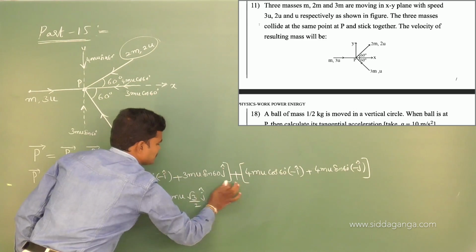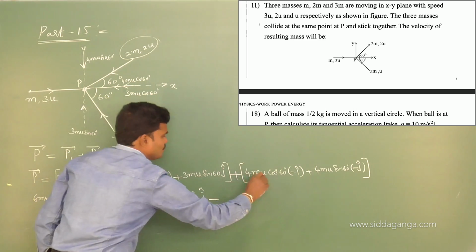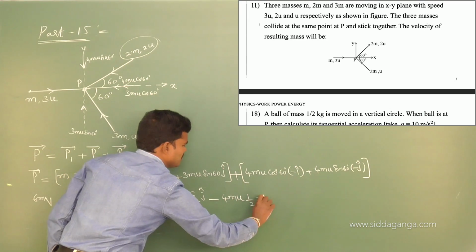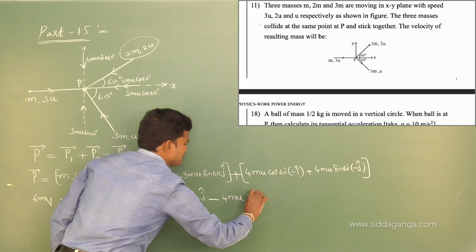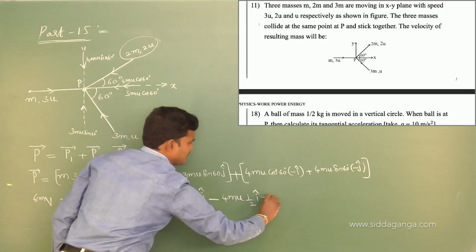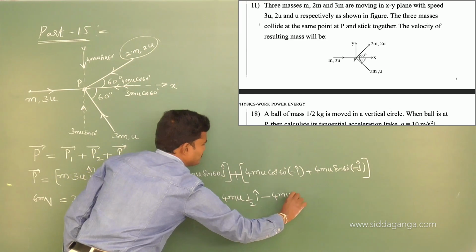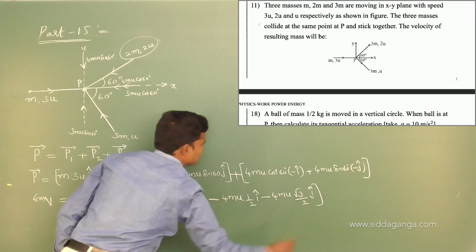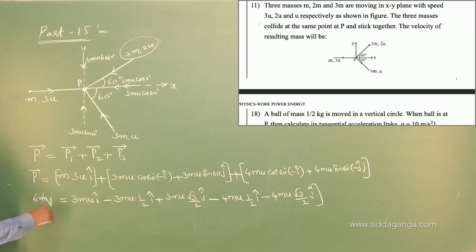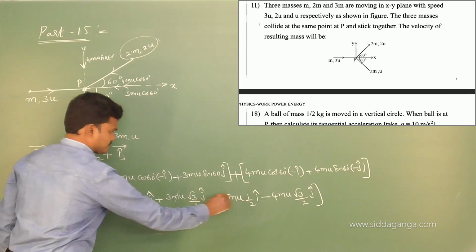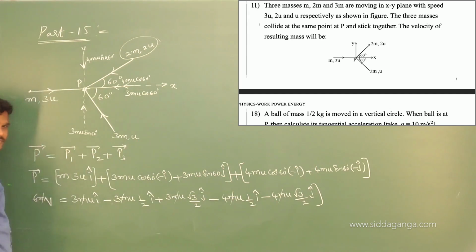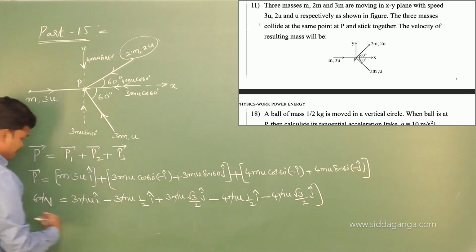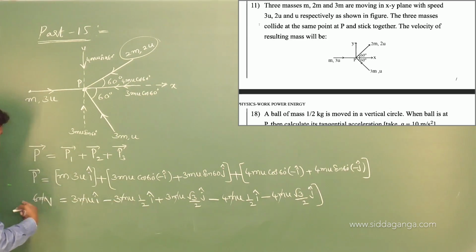with plus and this one minus, so you will get minus. Simplify the equations: 4mu cos 60, 1 by 2 i cap, and plus into minus, 4mu sin 60, root 3 by 2 j cap. So strike off m everywhere. Take LCM 2 here. Take this 2 to the left side, so it becomes 12.